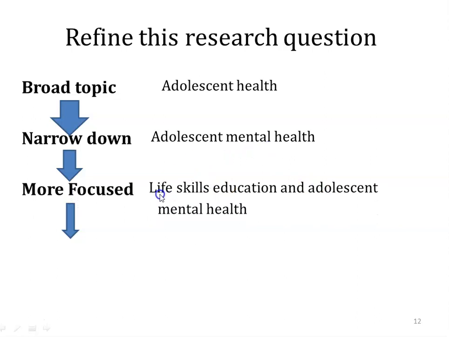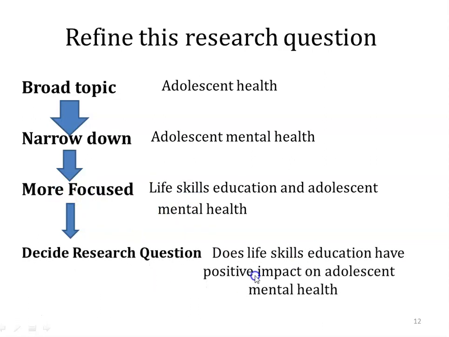So I now want to study the impact of an intervention that is life skills education on adolescent mental health. This is my final topic, and I will make a research question which can be, does life skills education have a positive impact on adolescent mental health?